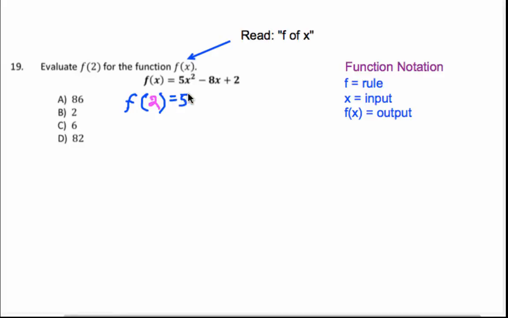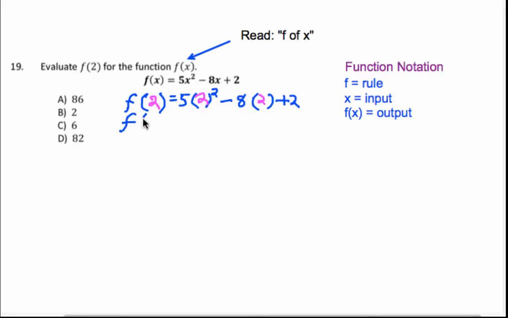Now I like to place the variable that I'm replacing with an empty set of parentheses before I begin, just so I stay out of PEMDAS trouble. And now I'll just plug in 2 and 2. And now all we do is use our order of operations to figure out the answer.